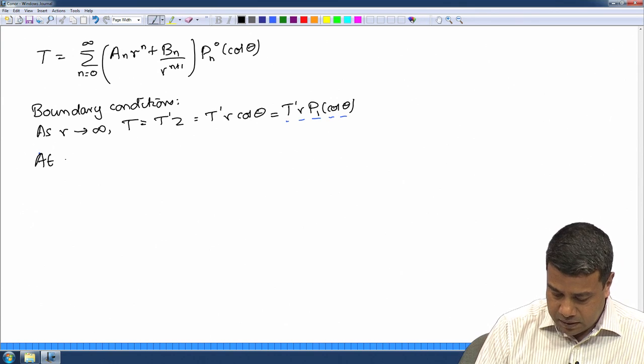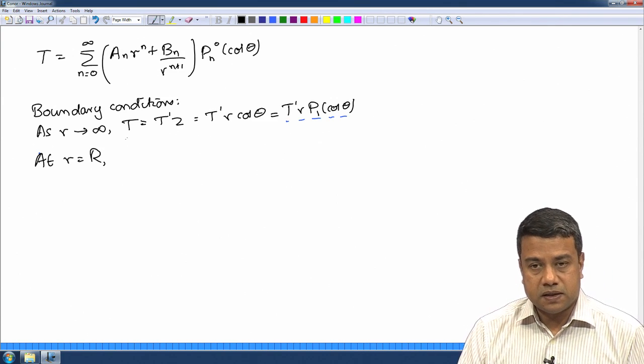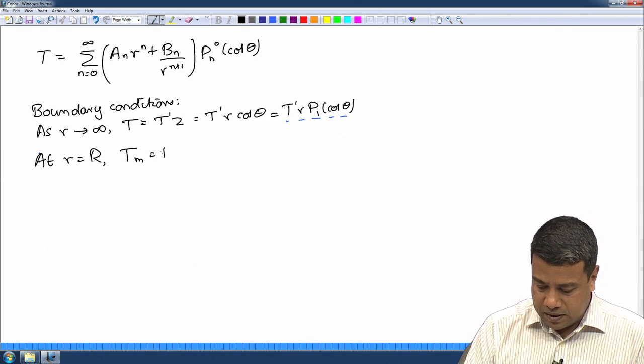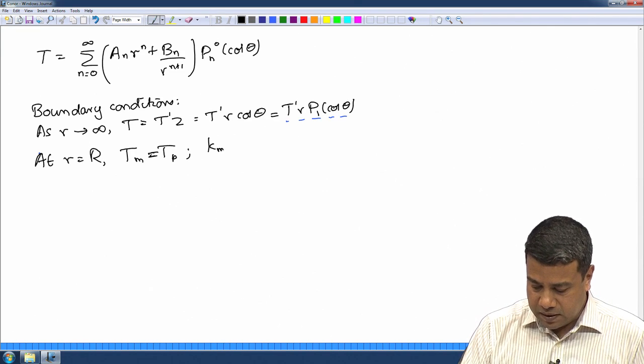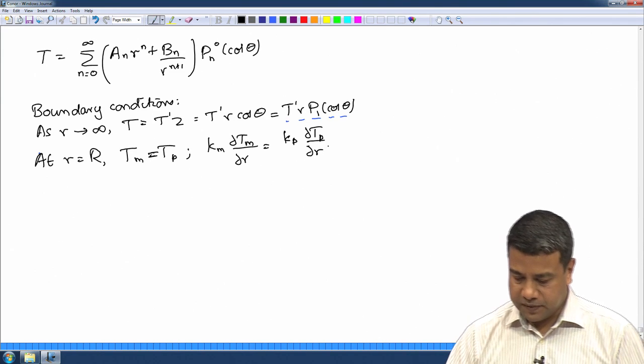Then at r is equal to R, you have T matrix is equal to T particle, and K matrix times partial T matrix by partial r is equal to K particle times partial T particle by partial r.